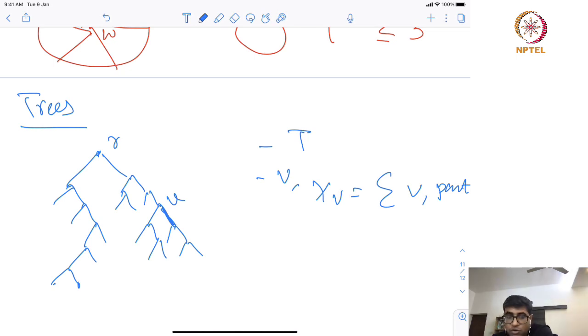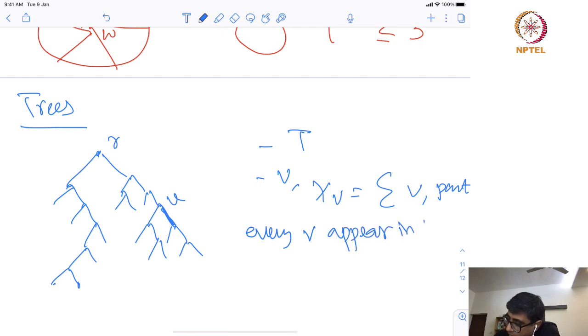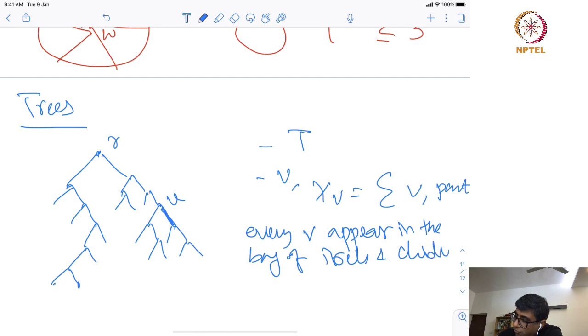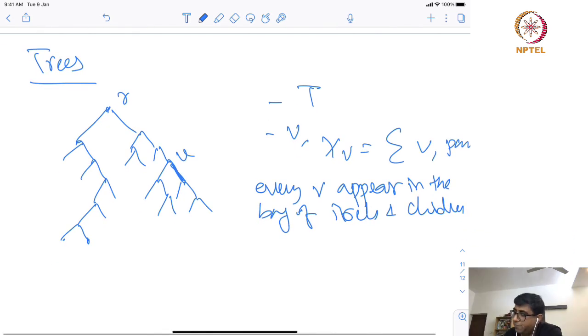A vertex V is going to appear in the bag of itself and all its children.